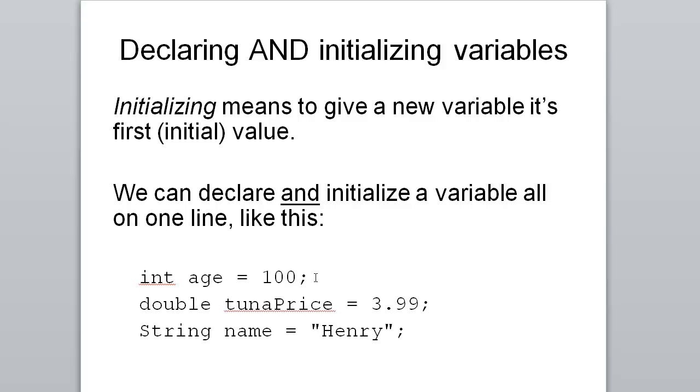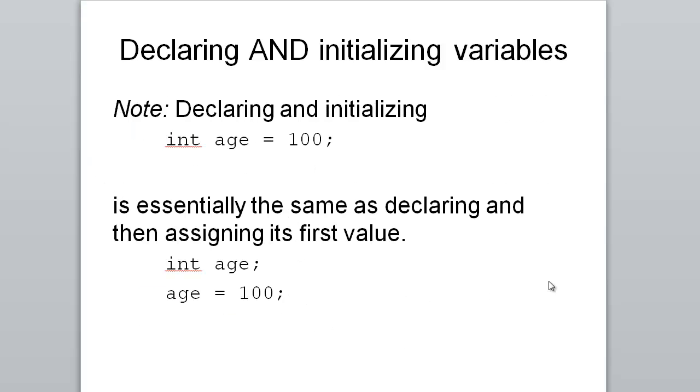Whenever you put the value in at the time that you create the variable, it's called initializing because it's the first time that you put a value in there. It's the initial value. Here are the 2 ways we've learned to do this so far. You could declare the variable and then assign it a value, or you could declare and initialize in one step. Both of these do the exact same thing.